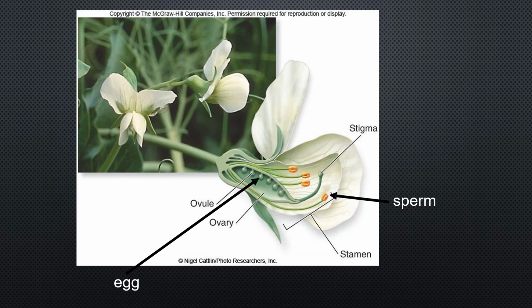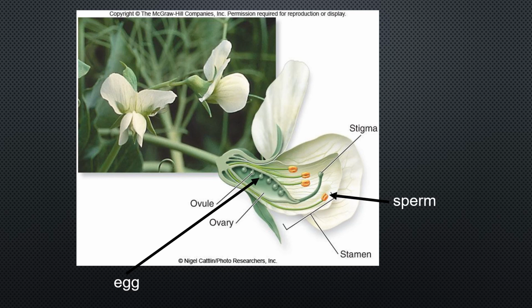Okay, so let's get familiar with sexual reproduction in plants. We've mentioned it before, but let's talk about the different parts that are involved. For instance, all of our sexual reproduction in flowering plants happens at the flower. So the flower is the sexual organ, or holds the sexual organs.